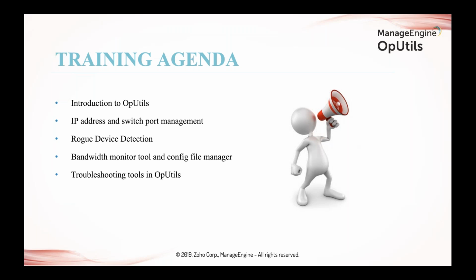This will be followed by the utility tools available in OpUtils: the bandwidth monitoring tool, config file manager, as well as the network monitor. In the end, we'll be discussing a few troubleshooting tools in OpUtils, which you can use for day-to-day troubleshooting in your network.